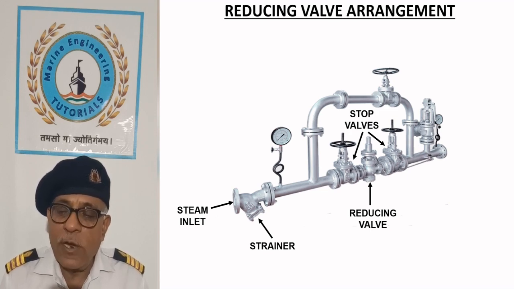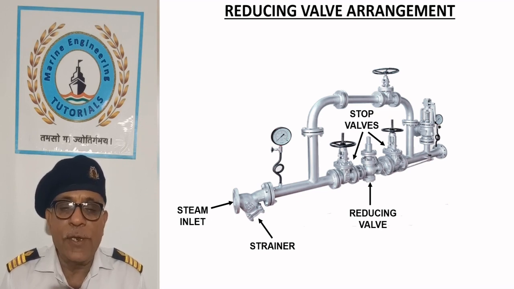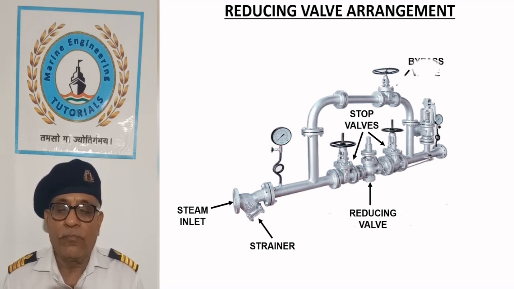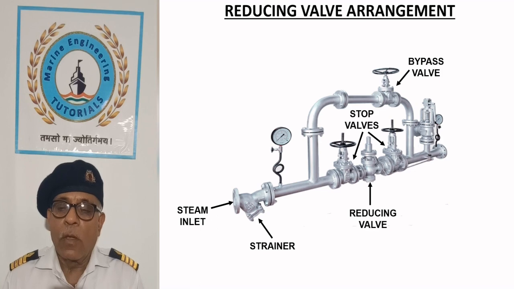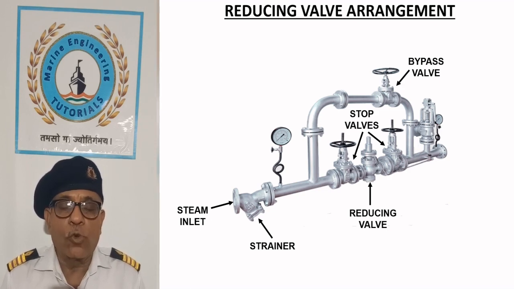Stop valves are provided before and after the reducing valve for its maintenance or repair. A bypass valve is provided for controlling the steam pressure manually should the reducing valve fail to control the steam pressure automatically.